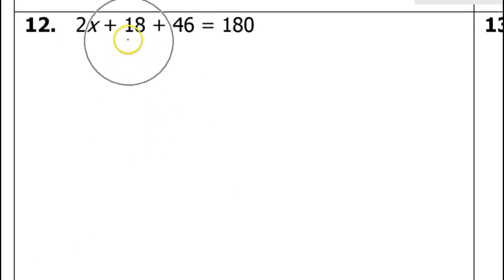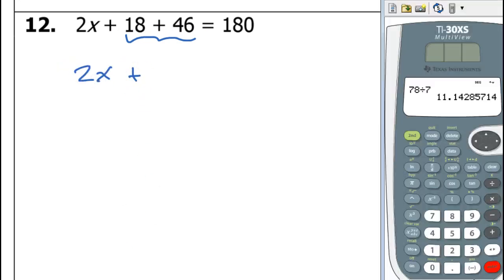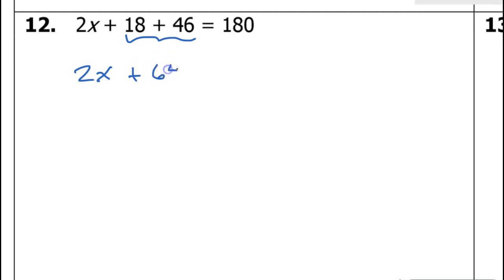For number 12, let's start by looking for like terms, which we see right here. Okay, on the same side of the equation. So that's going to be 64 is equal to 180. And then subtract 64 from both sides.